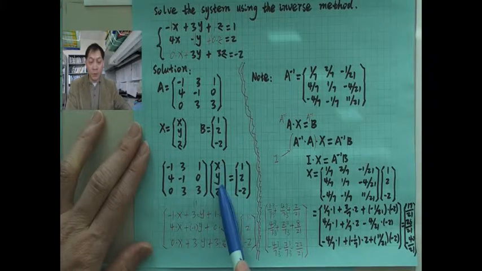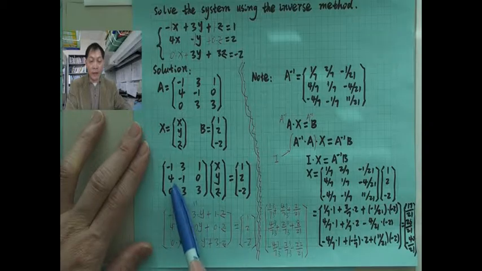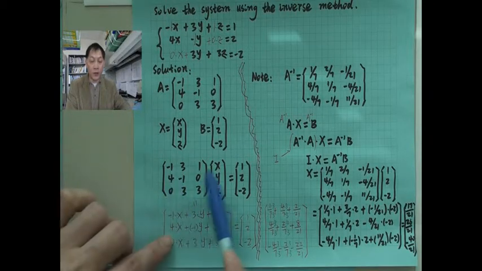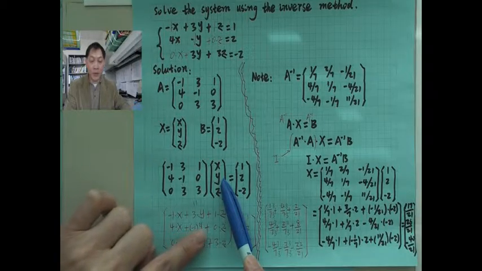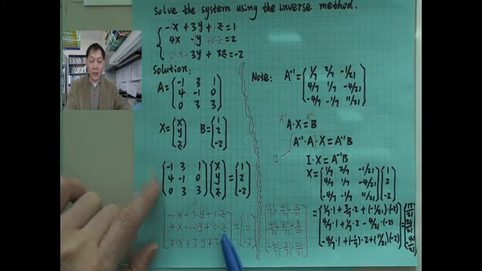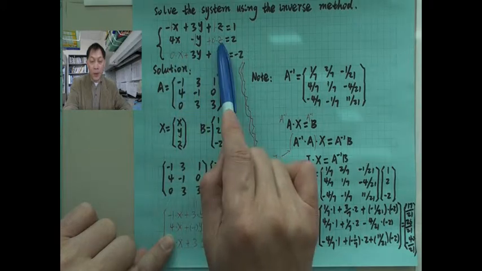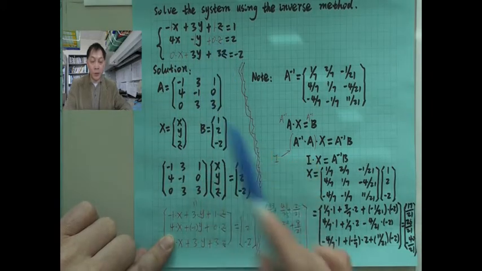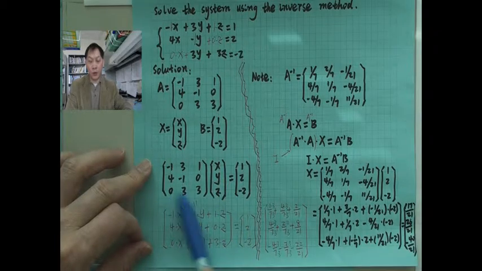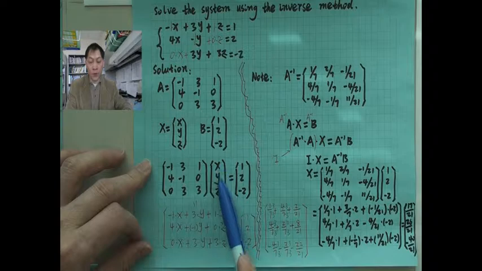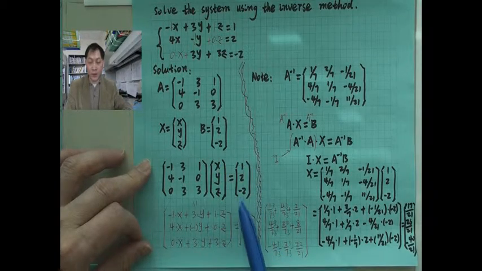Row times column, add together: 4x plus negative 1y plus 0 times z. You see, that's exactly the second equation. This row times column, row 3, column 1, and you keep going.